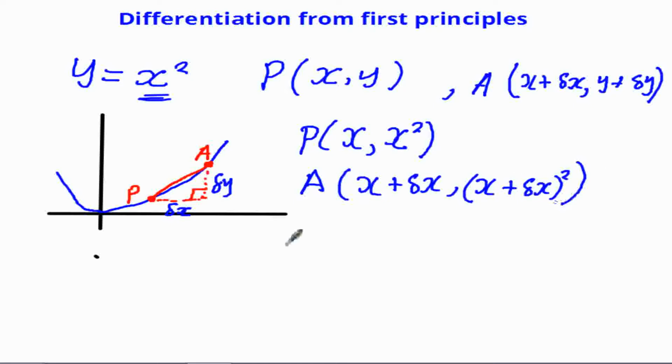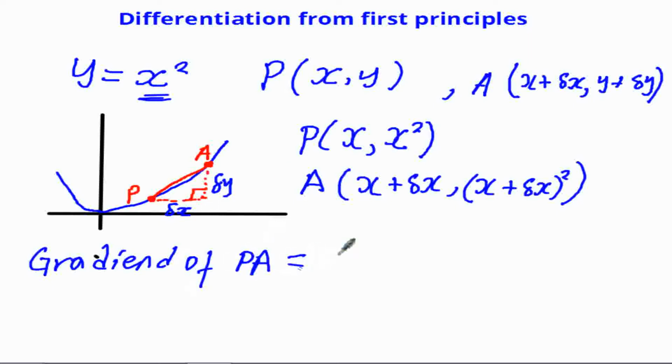So the gradient of the chord PA is given by the change in y, y2 minus y1, over the change in x, x2 minus x1.